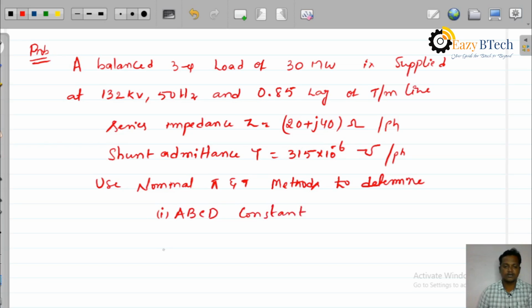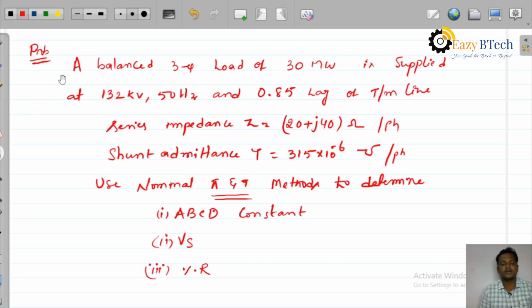From that we can calculate sending end voltage, and third one is to calculate percentage regulation by using these two methods. Those are the information they given in this problem.